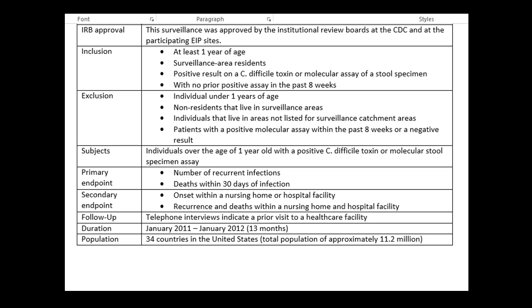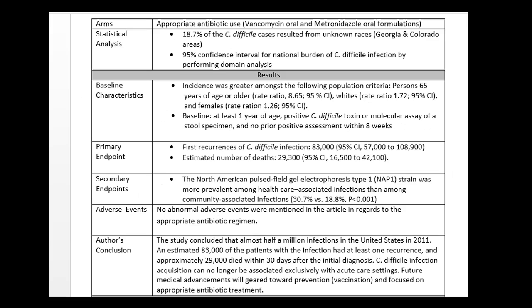The information was basically gathered over the span of a year, and the arms of the study was just the basic standard of care drugs to treat Clostridium difficile. The study really didn't focus that in depth on the treatments.